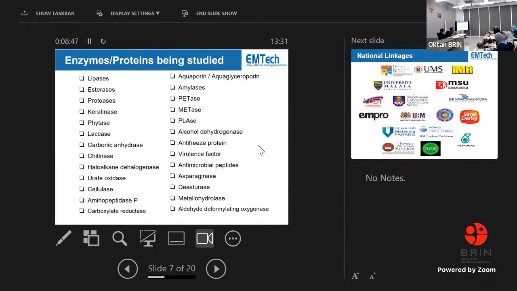Lipases and esterases at the top left of the slides are among the earliest enzymes studied. Back in 1986, we started working with lipases and esterases because the project began by looking into the potential of palm oil mill effluents. There are a lot of thermophilic Bacillus growing there, and we found a number of lipolytic enzymes that are still very important industrial enzymes.